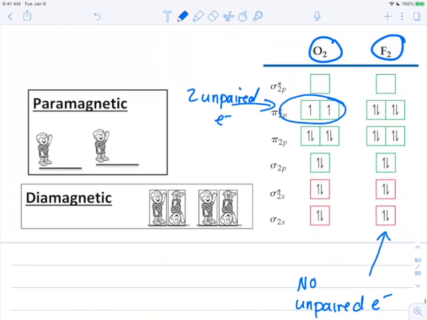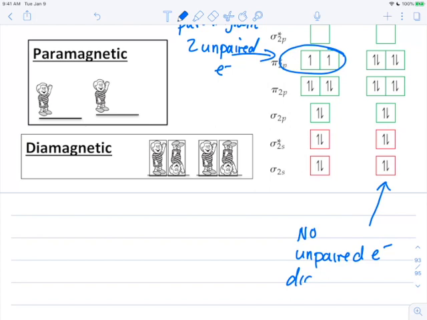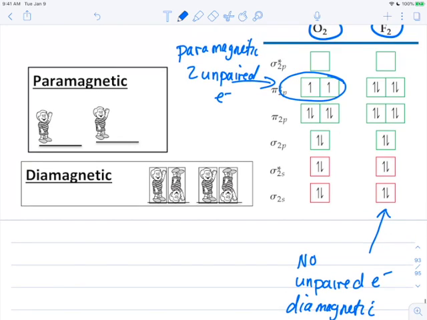So any questions on why we said that our oxygen would have 2 unpaired electrons and the fluorine would have no unpaired electrons? All right, so next up for the oxygen, it would be paramagnetic because we have those unpaired electrons. And for the fluorine, I'm going to call it diamagnetic because everything is paired up.